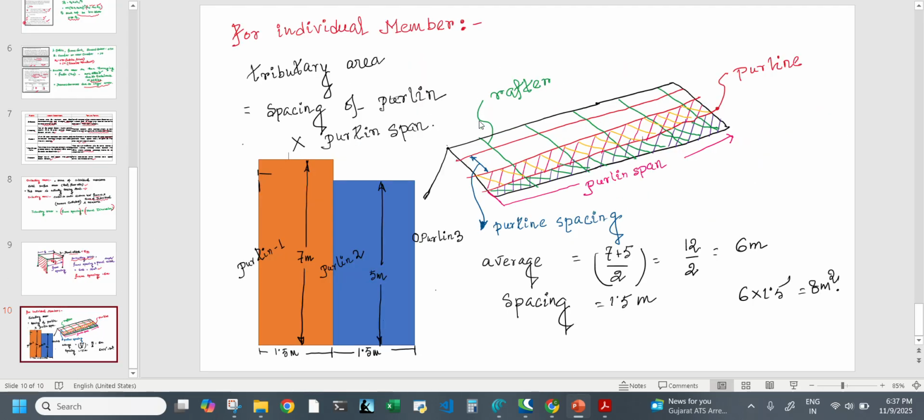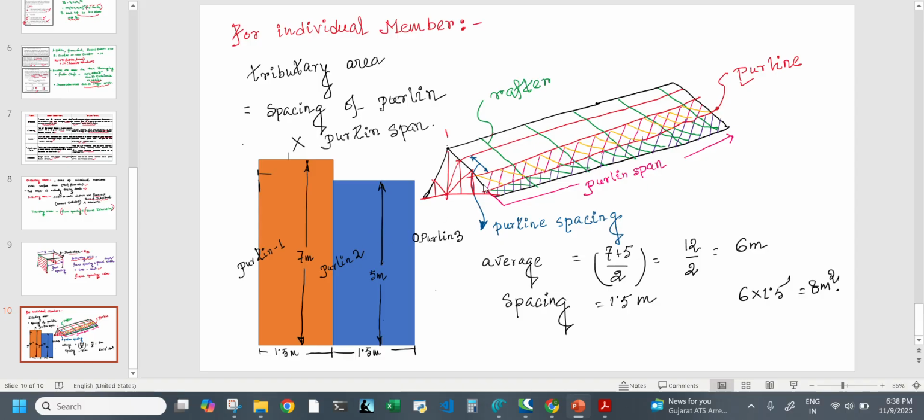And for individual members, suppose there is a roof truss structure, as we can see, and these are the purlins, and this is the rafters, and the tributary spacing of purlins and purlin span.